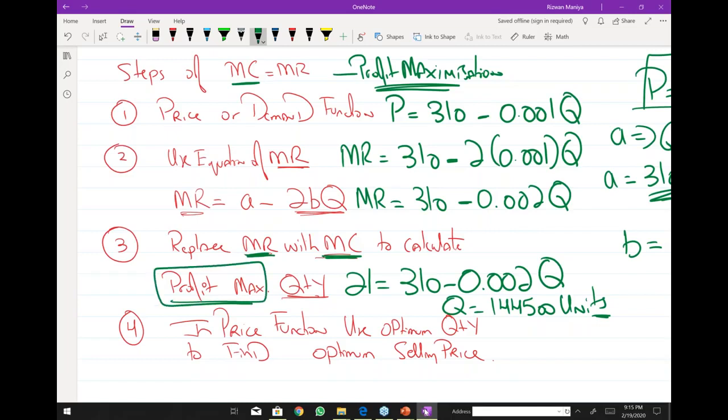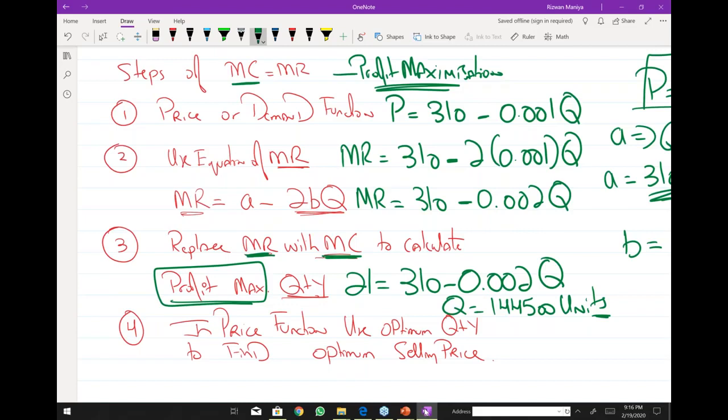So remember, when your marginal cost to produce an additional unit is equal to marginal revenue, which means the revenue that you will earn by selling one more unit, that is the profit maximizing point. What is marginal revenue? The revenue that you will earn if you sell one more unit.